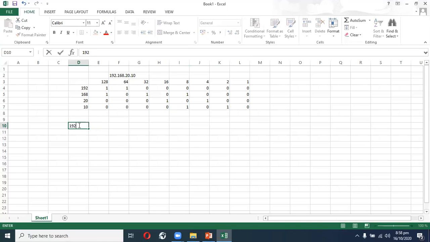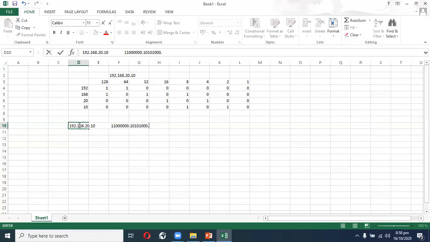So 192.168.20.10 can be written in binary form as 11000000, dot. Next, 168 will be written as 10101000.